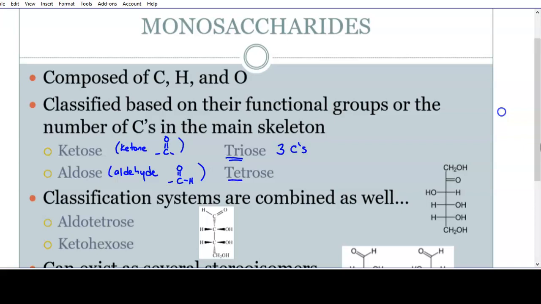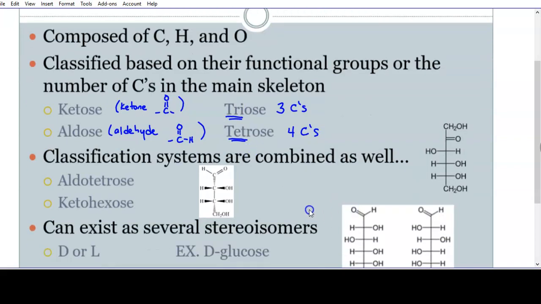A tetrose, obviously tetra, is composed of 4. More often than separating them, you will see the classification system combined. So you can see some examples right here. We have an aldotetrose or a ketohexose.